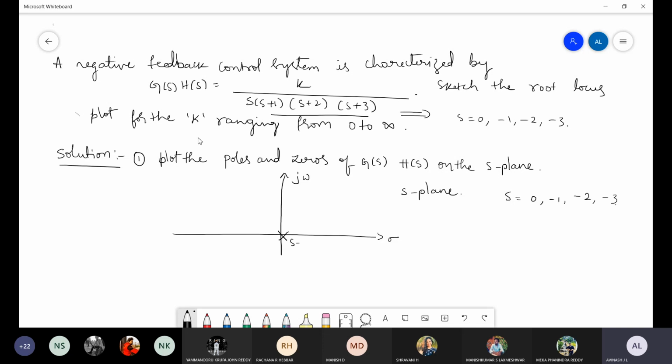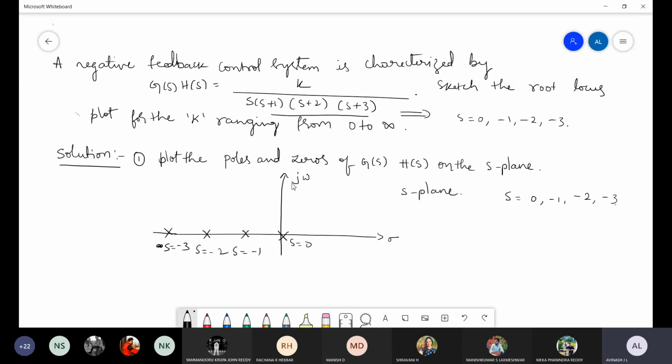So here s equal to 0, here s equal to minus 1, here minus 2, and here minus 3. This is the plotting of poles and zeros. Since there are no zeros, we need not plot anything.